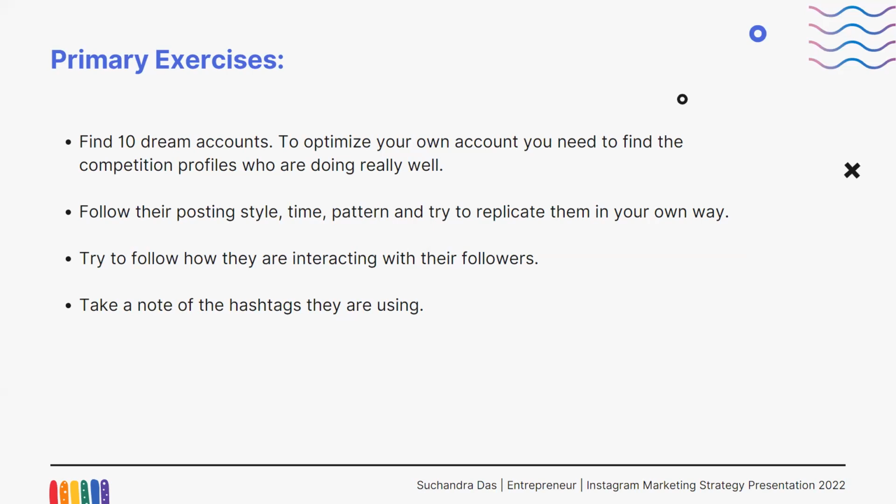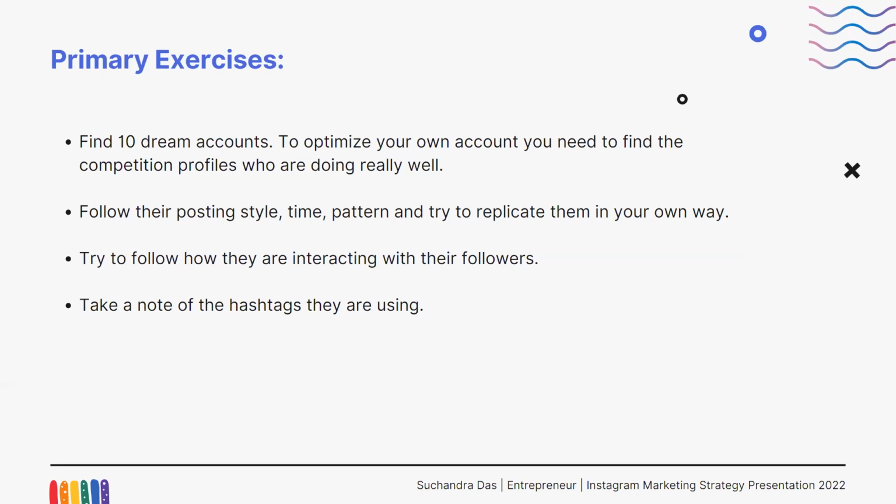So who is going to come and see my post? There is no one, nobody knows that I exist on Instagram. So what I have to do is my own research. I have to find 10 accounts I like and follow those accounts, and I'll see how they are posting, I'll follow their posting style, when they are posting, and the pattern of posting.